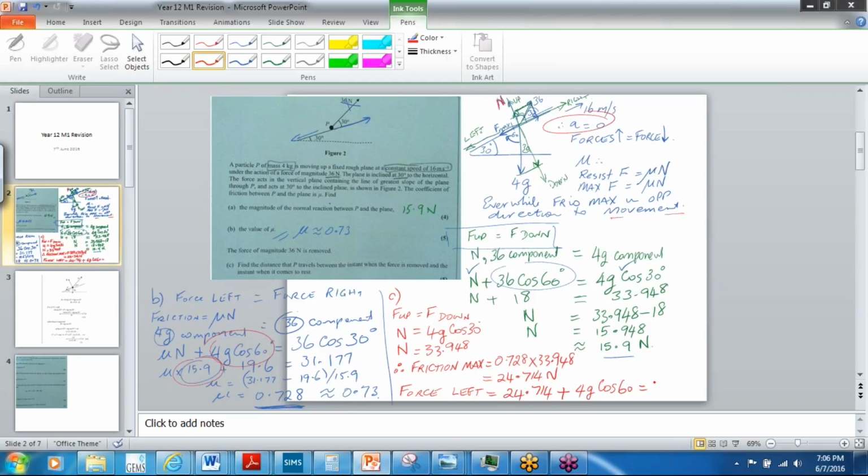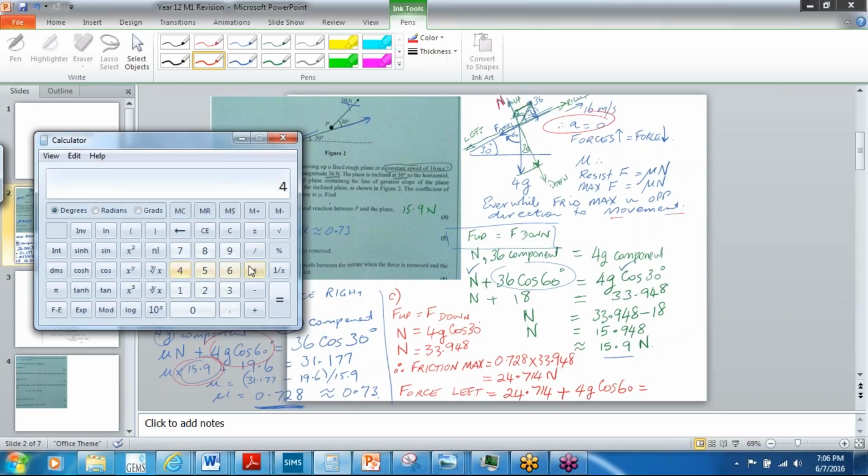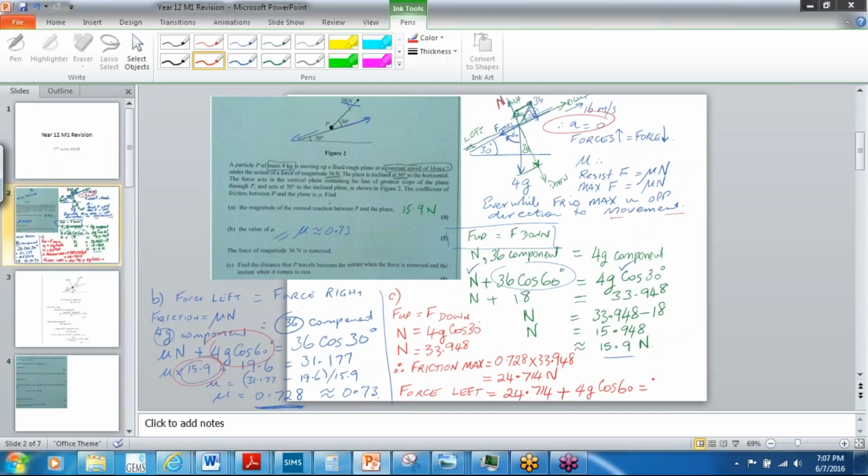So let's get this calculation here. 4 times 9.8 times cos of 60 plus 24.714. So we have a force acting down the plane of 44.314. So it's 44.314, that's a negative force acting down the plane.